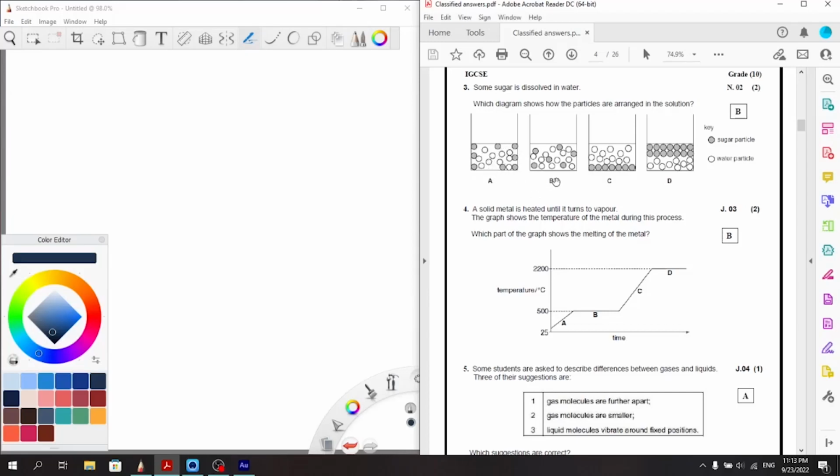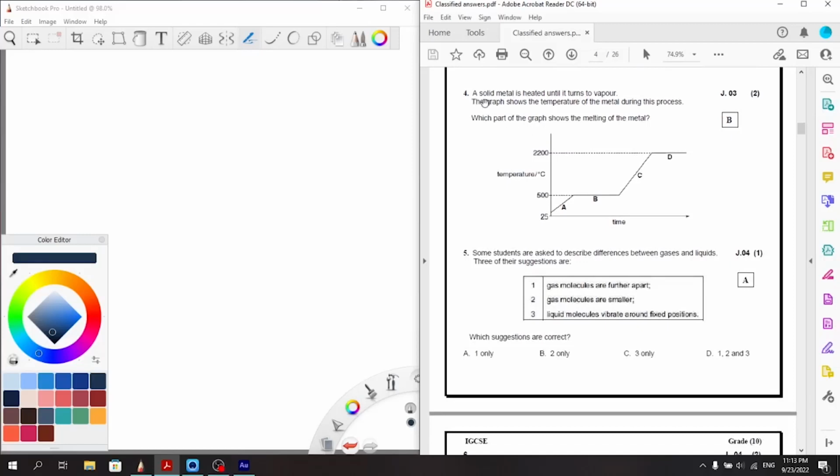B, we can see the sugar particles in between the water particles, with the water particles in greater amount over the sugar particles, because the water is the solvent. In C, we can see the sugar particles precipitating down there, and in D, they are floating up there. So the correct answer is B, because they are in between the solvent molecules, in between the water particles.